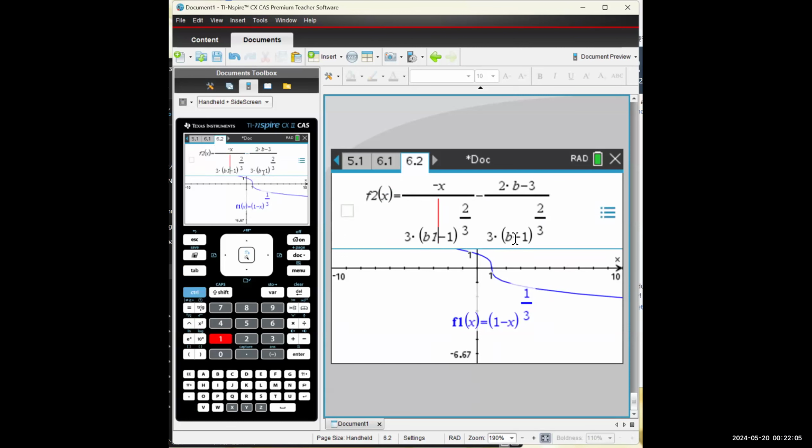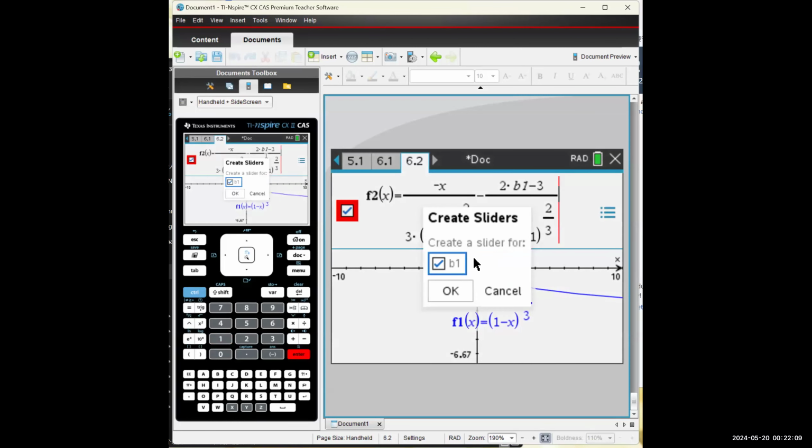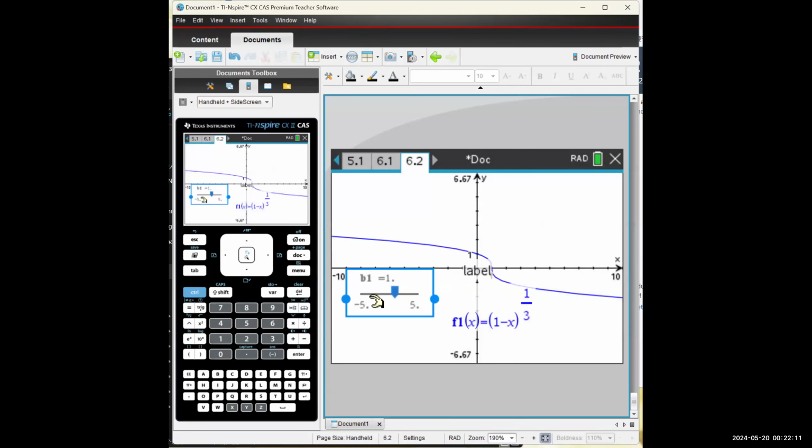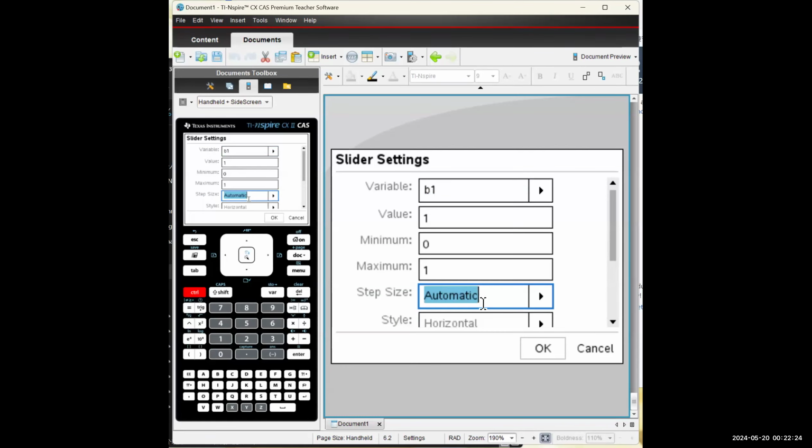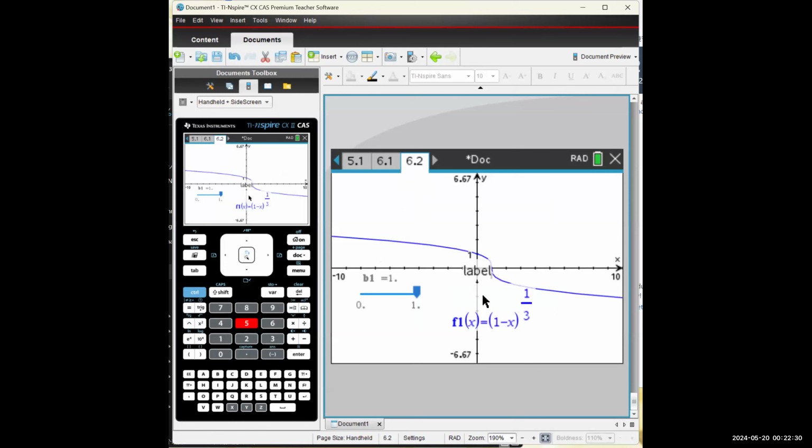And if I'm using some slider here, let's create a slider from -5 to 5. I'll change this to 0, change this to 1, and right click into settings. Let's use a step size of 0.05, etc. Okay.